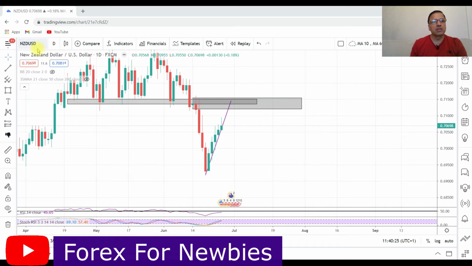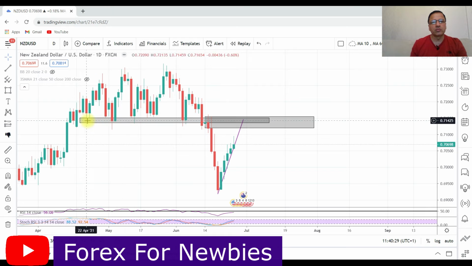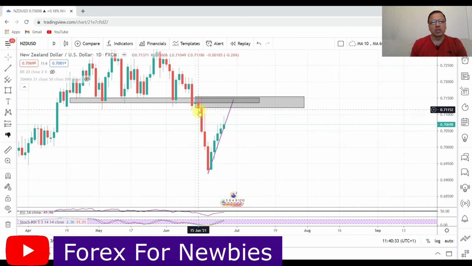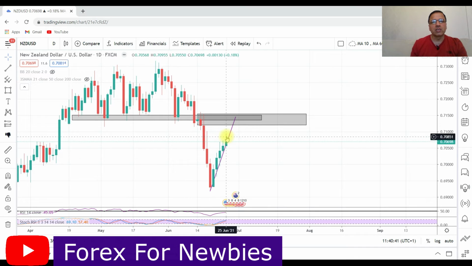Next pair is NZDUSD daily time frame. As you can see, it broke this strong support level down, and the market was pushed by the banks or institutions very strongly from this level, and now it looks like it's going back to retest it. And this is also a supply zone, because the market was pushed very strongly from this point downwards.